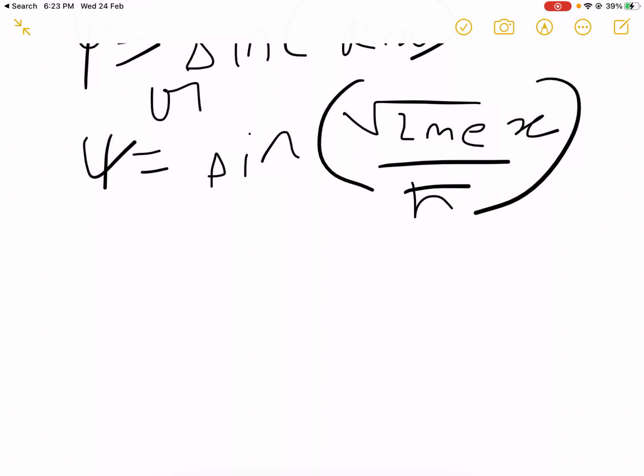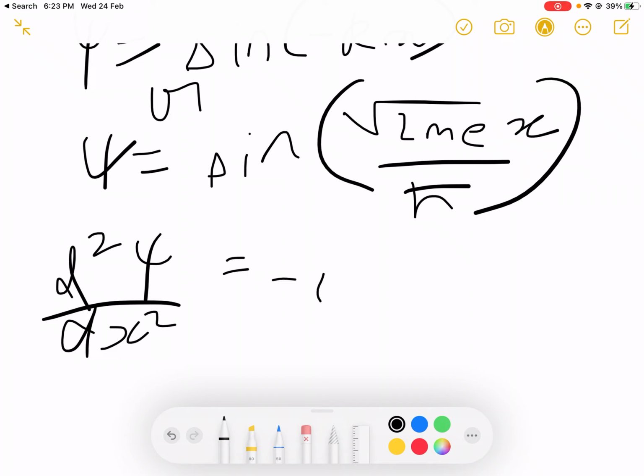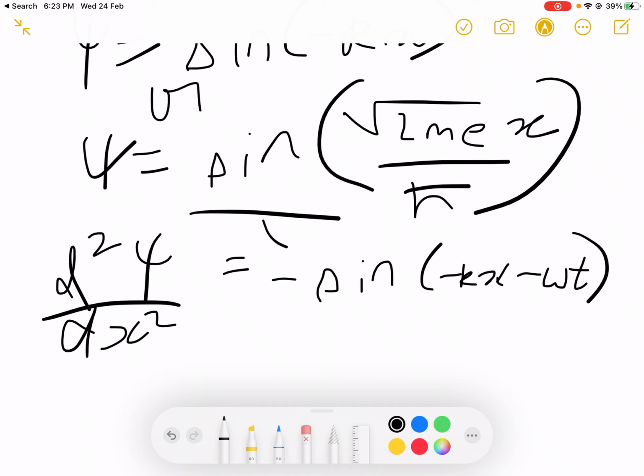So d squared psi over dx squared is equal to negative sine of kx minus omega t, and we can do the same thing for this one. So we get a negative sine, and instead of using an x we can use a radian and call it pi.